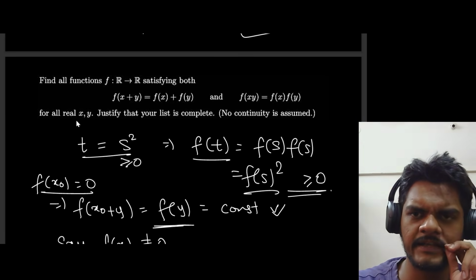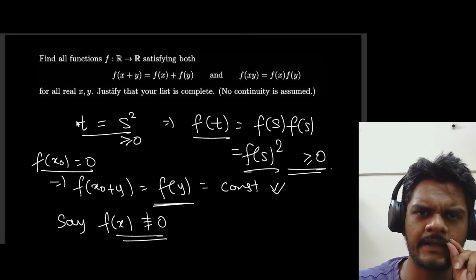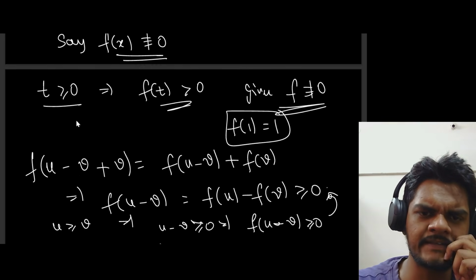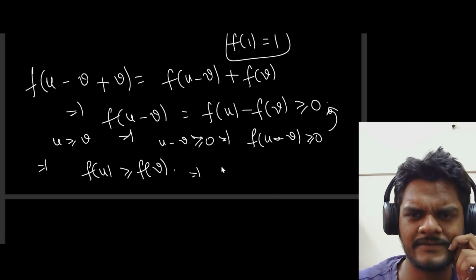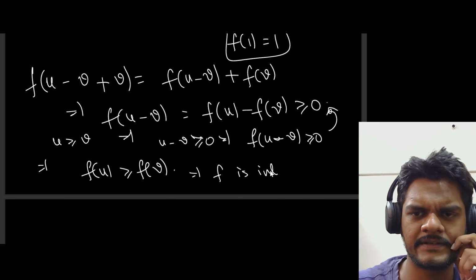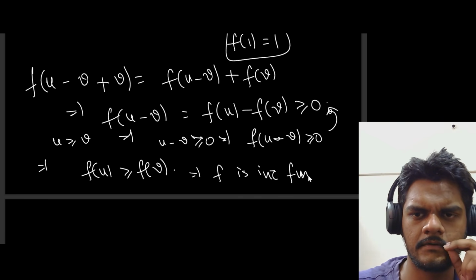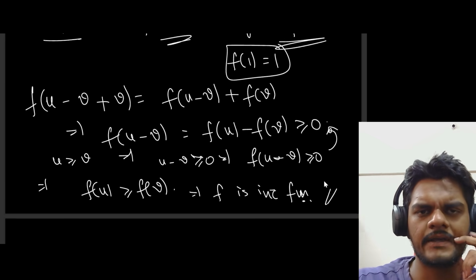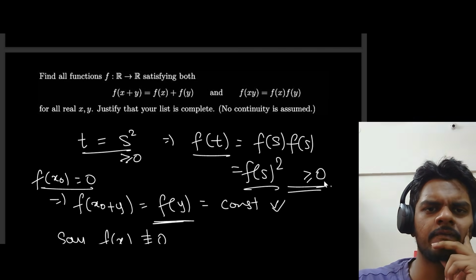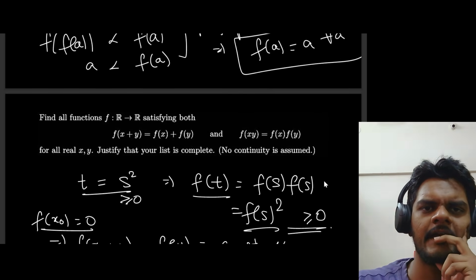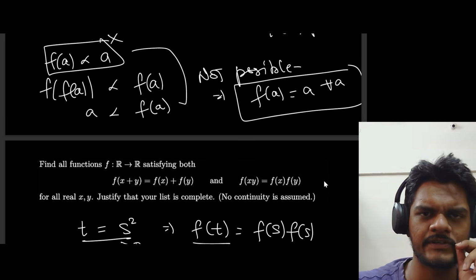All right, these two things are worth noticing. This means f is an increasing function, can I say? Yeah. So f is an increasing function. If f is an increasing function, what else can I say? I think this is very much related to the previous question.